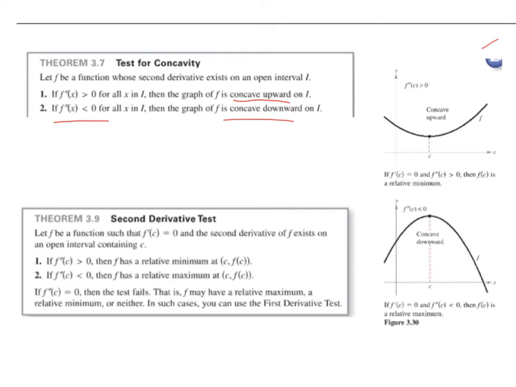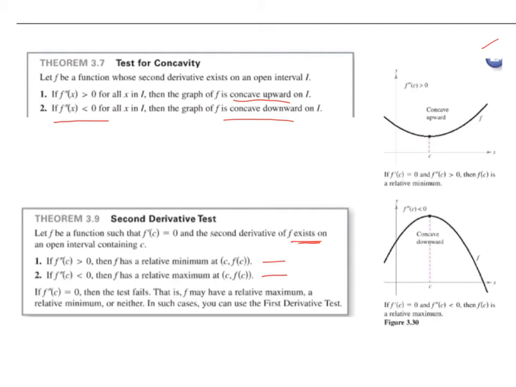Your second derivative test says let f be a function such that the first derivative is equal to 0 and the second derivative exists on an open interval. Then, if the second derivative is positive, there is a relative minimum. If the second derivative is negative, it has a relative maximum.